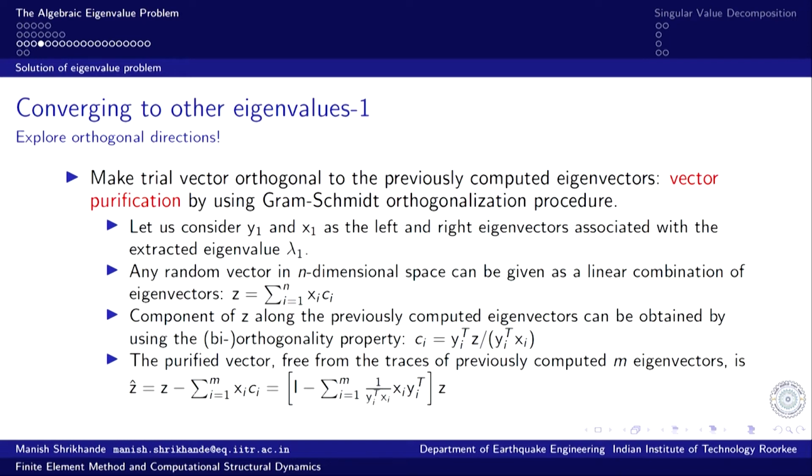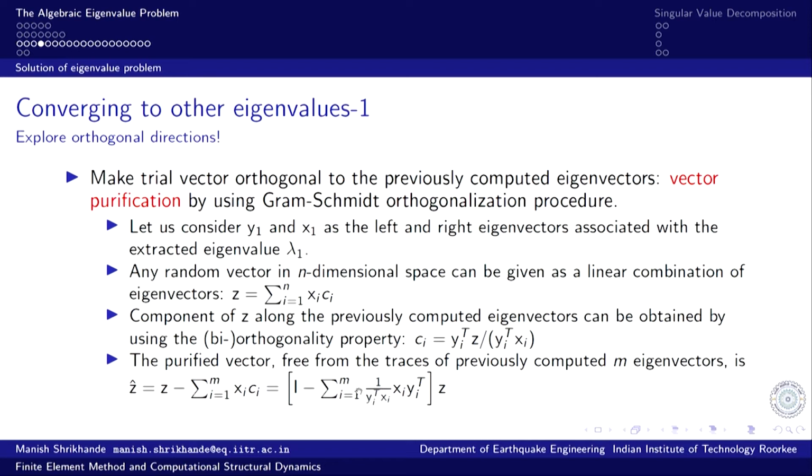At the beginning of each iteration the trial vector can be purified again by multiplying with the sweeping matrix, and then the iterations would converge to the largest or smallest eigenvalue, depending on whether we are going for forward iteration or inverse iteration, other than the m eigenvalues and eigenvectors that have already been computed. This is what we call vector purification, and it can be implemented very easily, although it is not a very numerically efficient procedure.